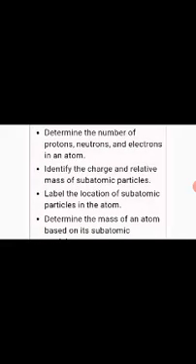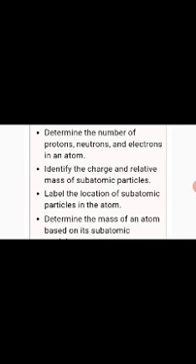Identify the charge and relative mass of subatomic particles. Electron has negative charge, proton has positive charge, and neutron has no charge. Label the location of subatomic particles in the atom.